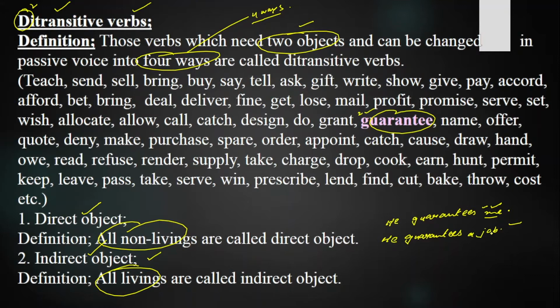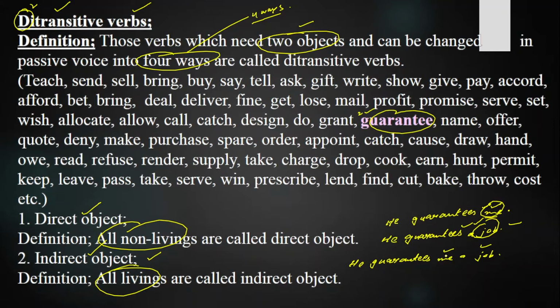now again a question arises, whom does He guarantee a job? So for that, me and job both together, if you bring them in the third sentence, He guarantees me a job. Now He guarantees me what? A job. He guarantees a job to whom? To me.